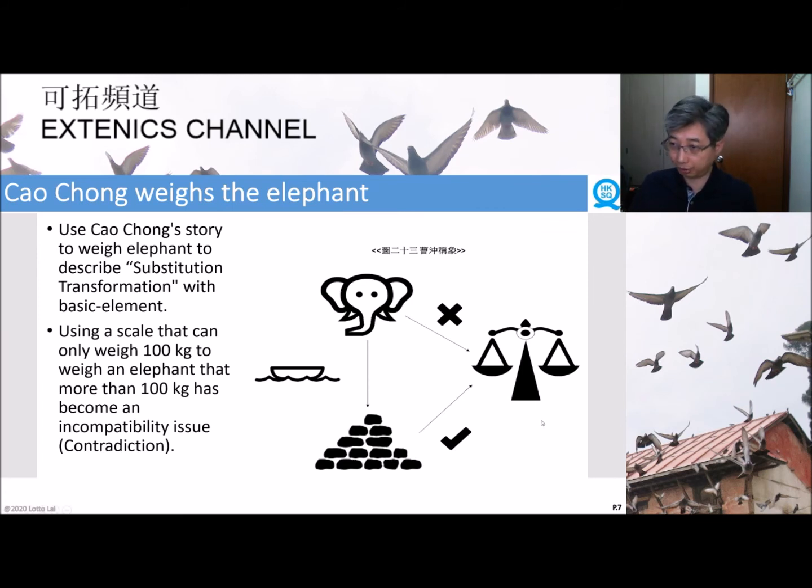Here, if you have a scale that can only weigh 100 kilograms, and we would like to weigh an elephant of more than 100 kilograms, we cannot kill the elephant and separate it. It is an incompatible issue and we find the contradiction. In this diagram, you can see the elephant can be substituted by stones, which solves the problem, and we also use a boat as the intermediary.